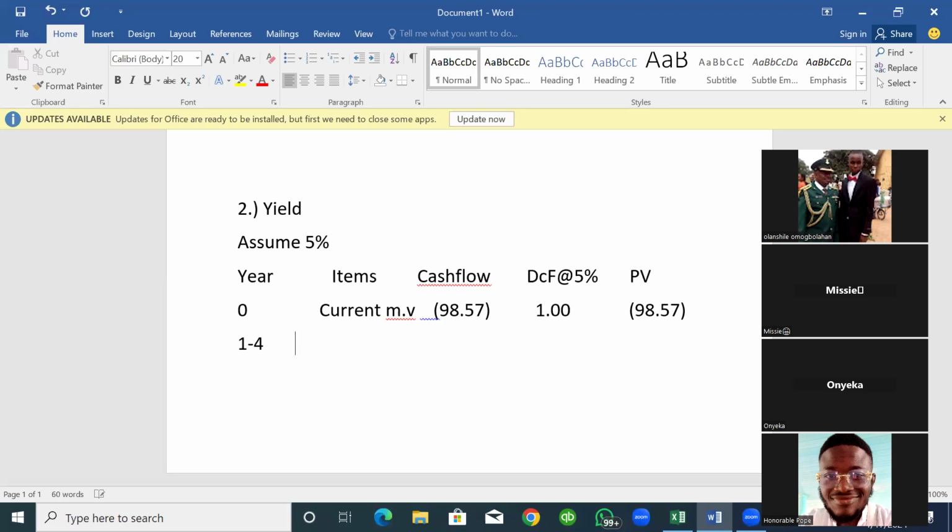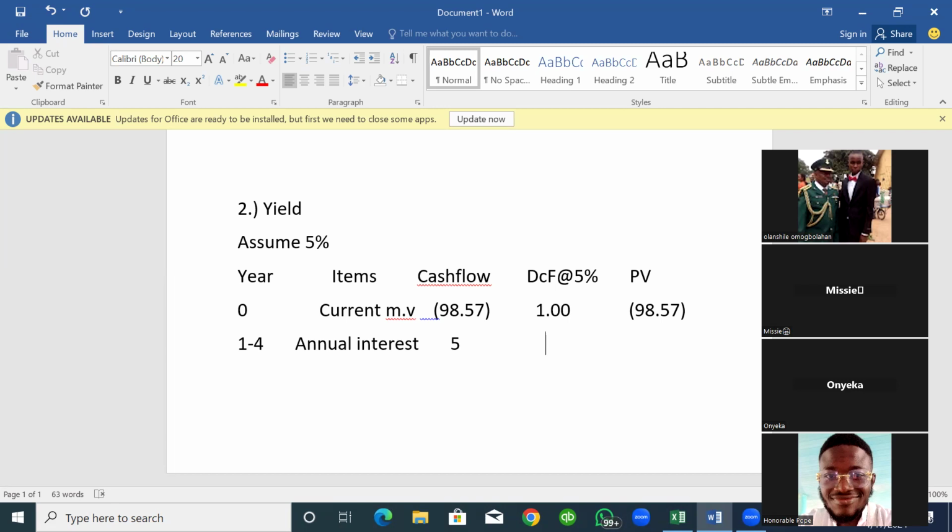Then you now say annual interest. You are paying annual interest of 5, which is your coupon now. Please, are we understanding? Are we on the same page? Yes, we are. Which is your coupon that we've put 5% before. And your discounting factor here now, is it the 98.57 we got from what we did first?